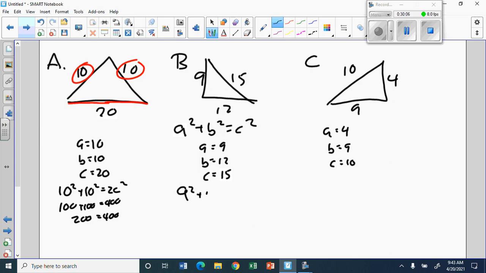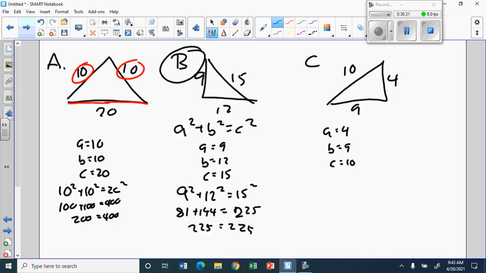9 squared plus 12 squared equals 15 squared. 81 plus 144 equals 225. 225 equals 225. This one right here is good. 4 squared plus 9 squared equals 10 squared. 16 plus 81 equals 100. 97 equals 100.